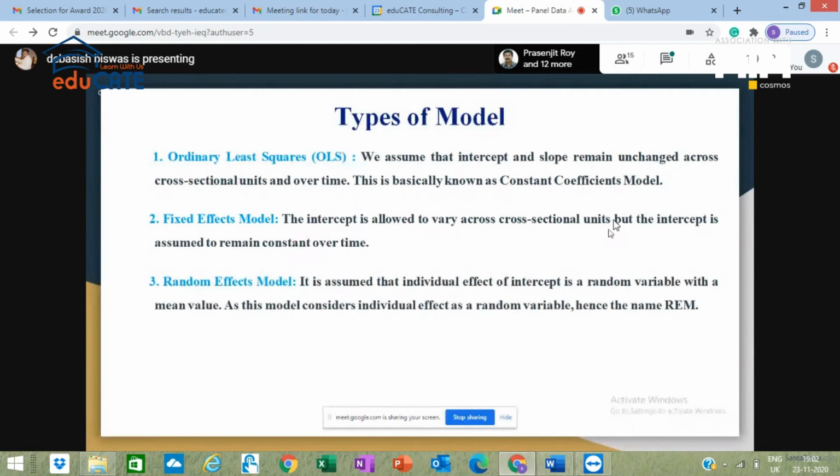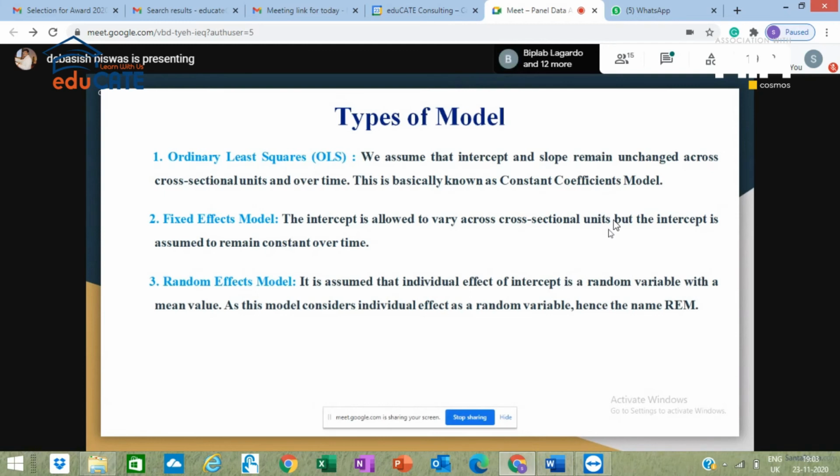There are 3 types of model that can be established using panel data structure software. Initially I will apply the data from tomorrow, and after establishing the model using data, I will show how this type of model can be established using eViews.